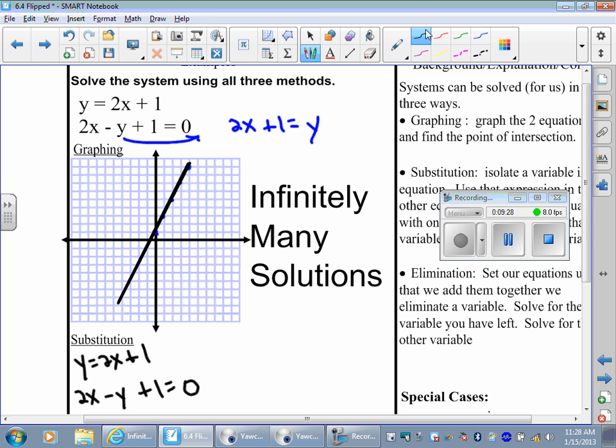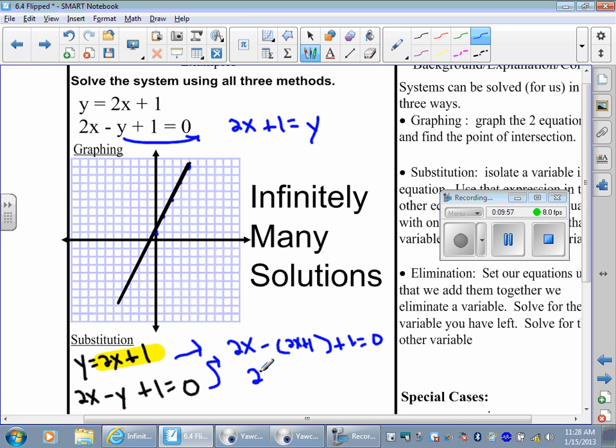You'll notice that we are pretty well set up to use substitution. y is the same thing as 2x plus 1. So I'm going to come over to this equation and replace y with 2x plus 1. So I get 2x minus, and now I'm replacing y with 2x plus 1. I still have the plus 1, and it equals 0.